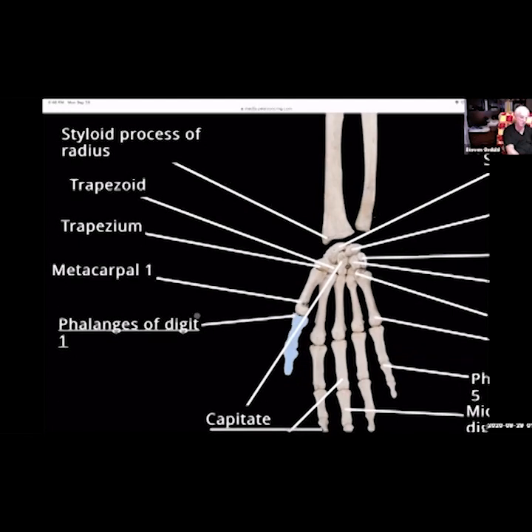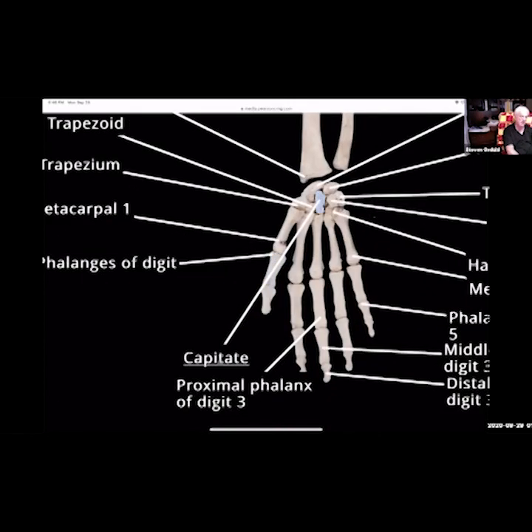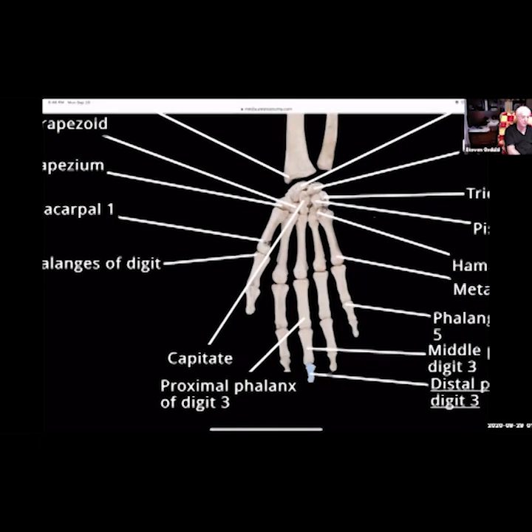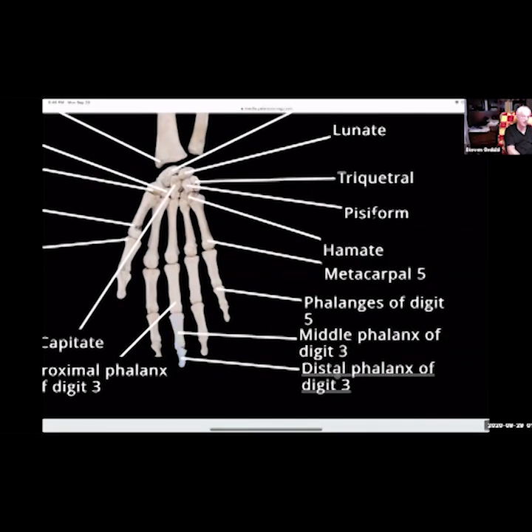Let's move this up. And then we've got the capitate bone in the hand. This is the proximal phalanx of digit number 3. Again, it has a proximal, a middle, and a distal. So there's the middle phalanx of digit number 3, and there's the distal phalanx of digit number 3, and the middle phalanx, then the proximal.